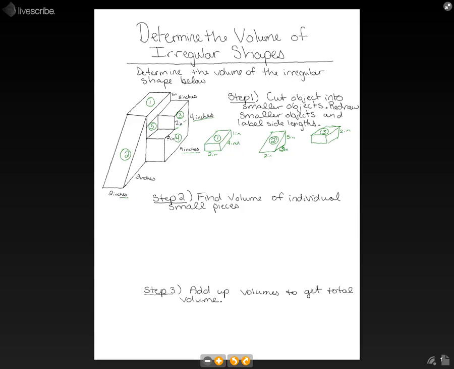And we know that because we have a 2 inch here, and we know the whole length is going to be 4 inches. So that means that if we have 4 minus 2, we have 2 inches left. And we know the height is going to be 2 inches because that's given to us here. And the same with our width.